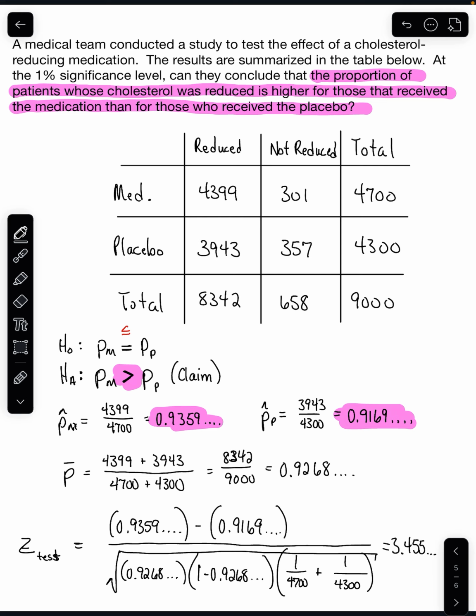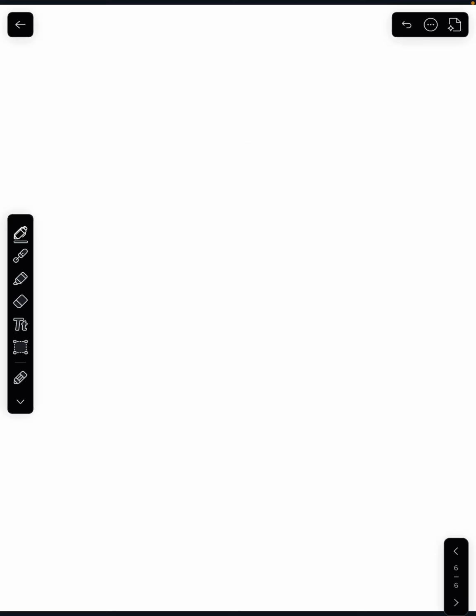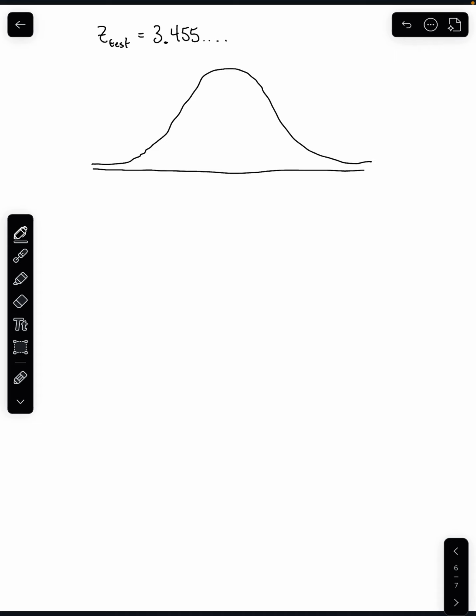We can now take that z-score and find the p-value for it. So again, just to rewrite it here where we can see it, we have a test statistic of positive 3.455, etc. On a normal distribution then, that would put us far out to the right over here.